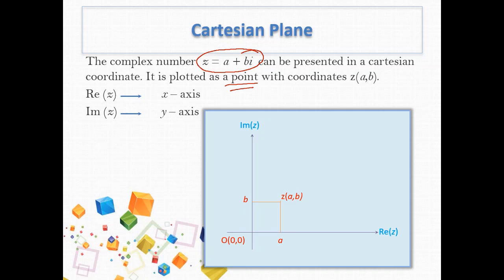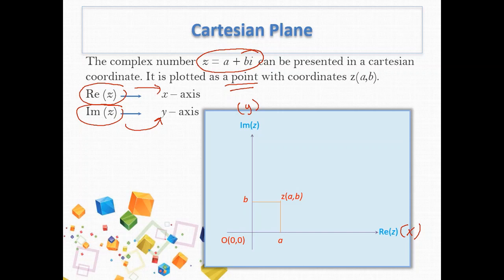The rule is, you plot the real part on the x-axis, while the imaginary part will be your y-axis. So the y-axis is for your imaginary part, in other words, for b, while the x-axis is for your real part, in other words, for a.